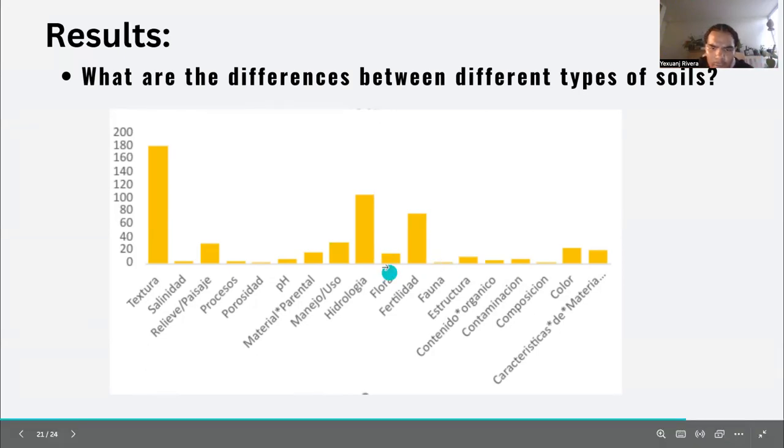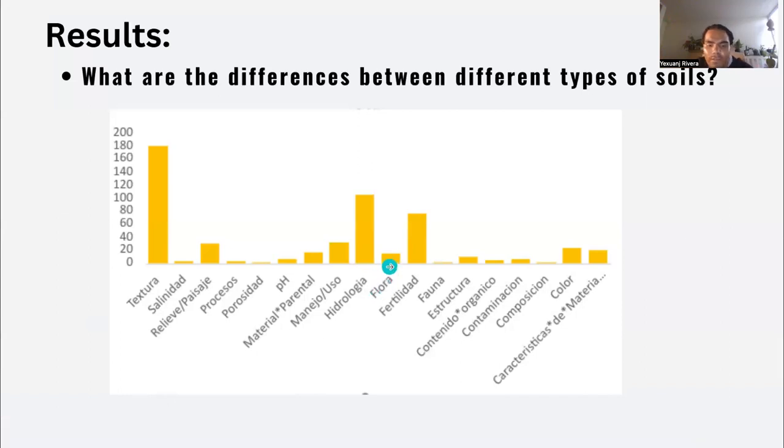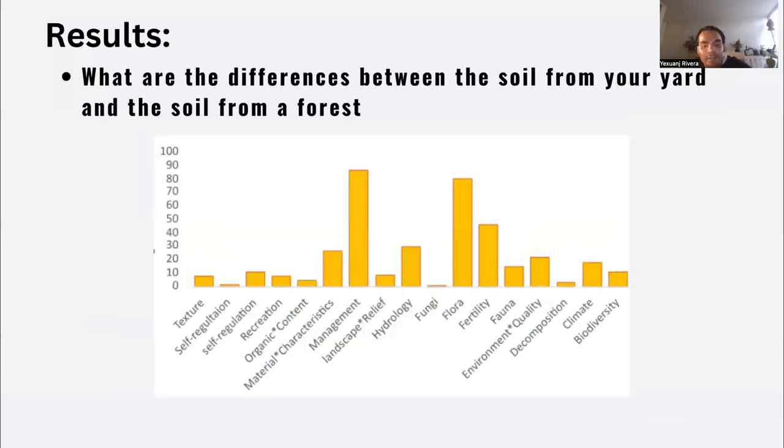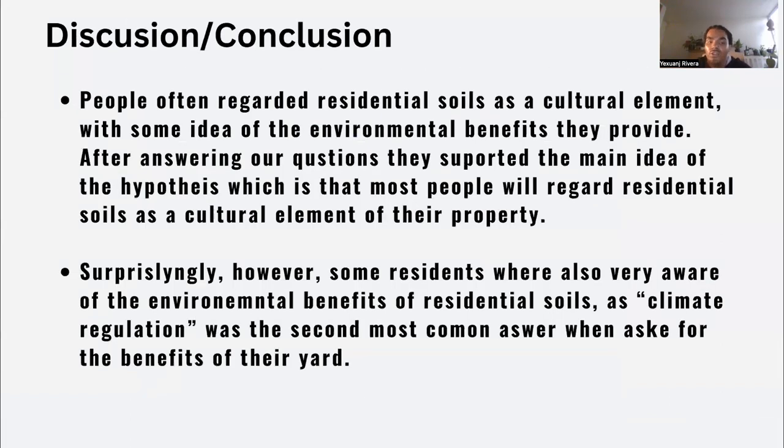We see that flora was very low when talking about differences between types of soils, compared to the other graph where they identify flora as a big difference between soils from forests and from their own yard. So now what can we conclude from these results?